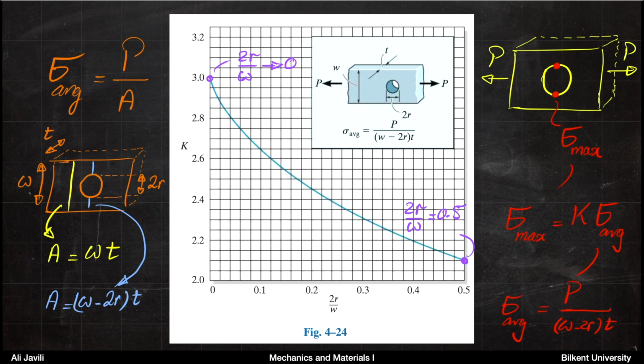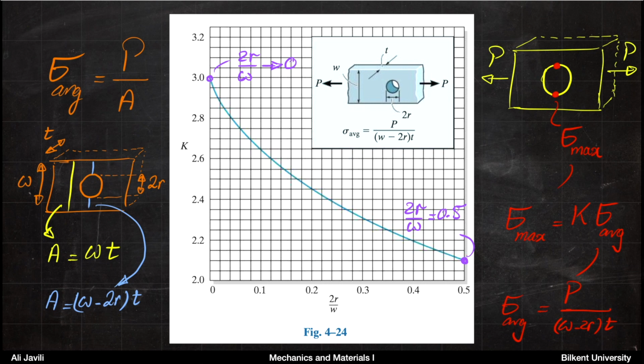But you will see that when you want to calculate the average stress, you divide the force by the area of that particular cross section. So sigma max would happen here where you have the smallest cross section. So you're actually calculating the stress concentration factor for that particular value.